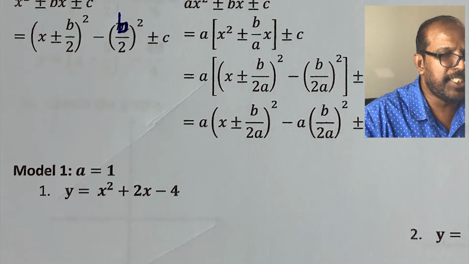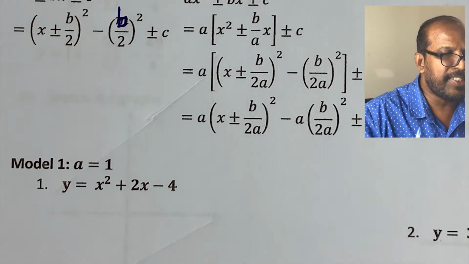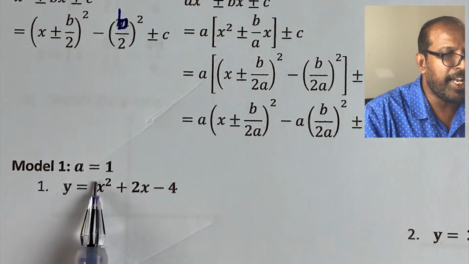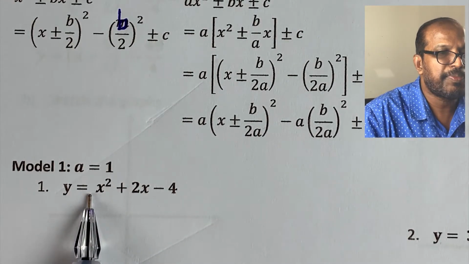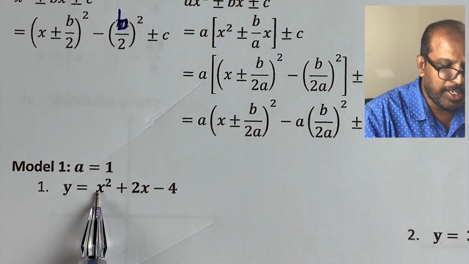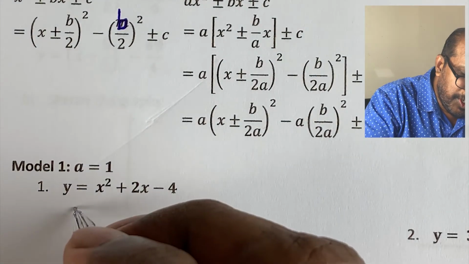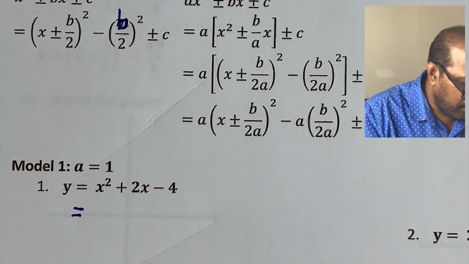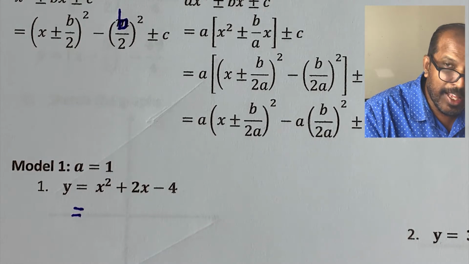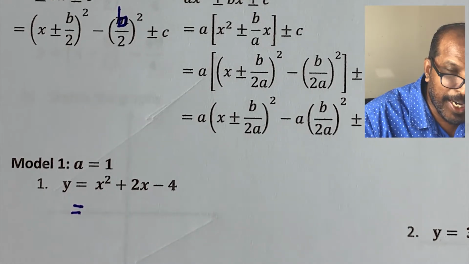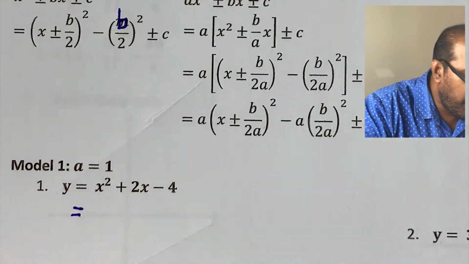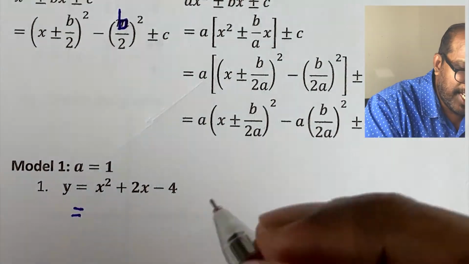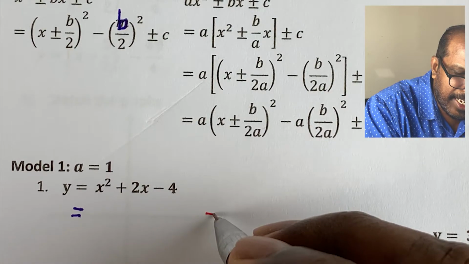This is the first example I'm doing, model 1, a equals 1. The coefficient of x squared is 1. So we're going to use the bracket square minus bracket square method. Here you have negative 4. Do not disturb the negative 4, it remains as negative 4.